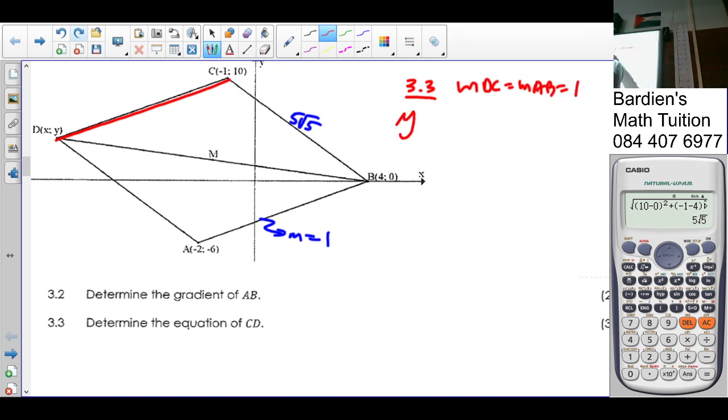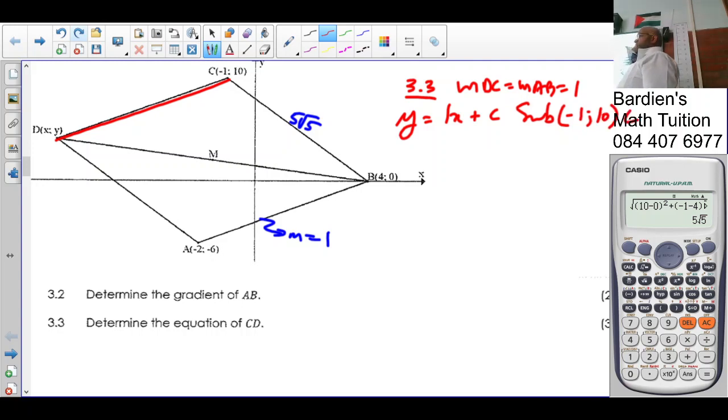So the equation now reads y is equal to 1x plus c. Now to calculate c, I can only substitute the point that lies on DC. So we can substitute which point? (-1; 10), which is the coordinate of C. Okay?